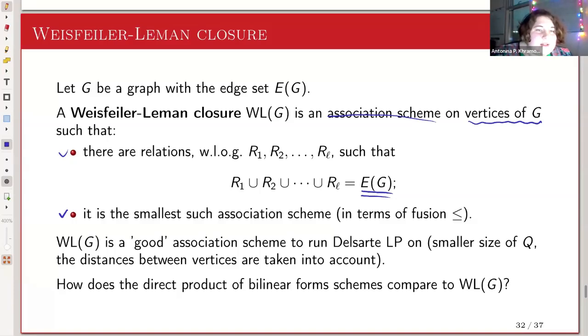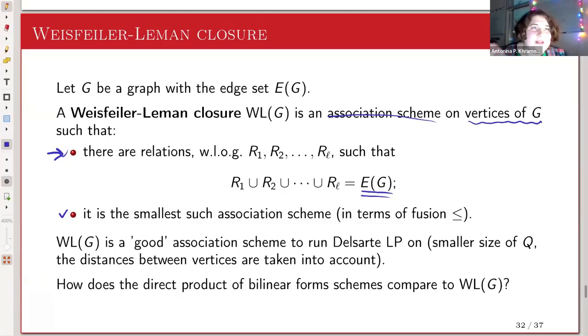So this coherent closure is a good scheme to run the Delsarte LP on because, because of the first condition, it respects the adjacency relation between the vertices, and also all the distance relations.